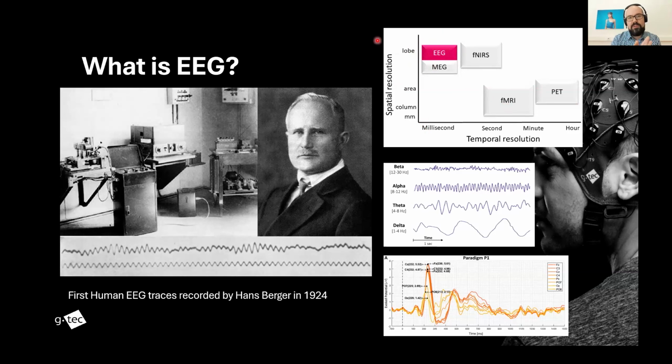This is something that we will see here today and also in the different lectures across these 10 days of spring school. One other thing that is important to know is that EEG has a spatial resolution which is, for example, not as great as fMRI. We have an electrode which sits on the top of the head, and you have a lot of different layers between your electrode and the brain.